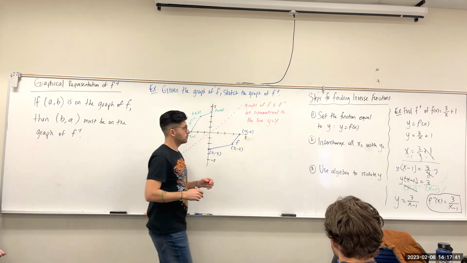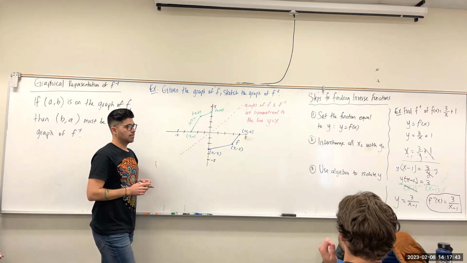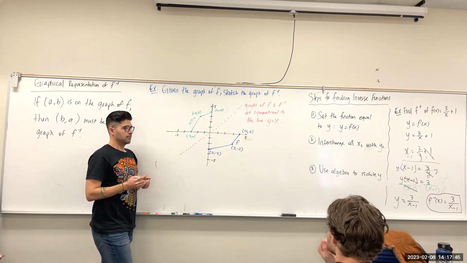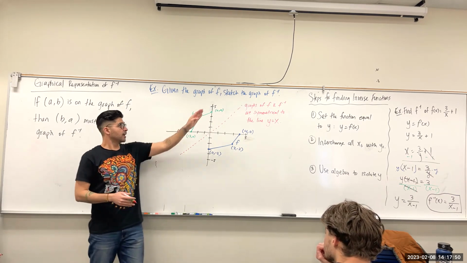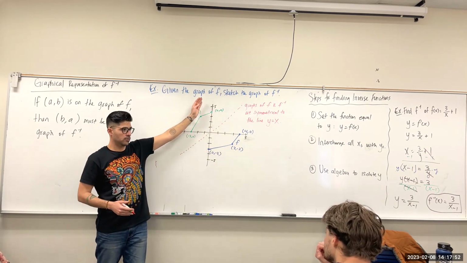Okay. Is it like when we're doing the reflections, except across both the x and the y axis? Yeah, for reflections, it was across the y-axis or x-axis. Here it's across this diagonal line, y equals x.